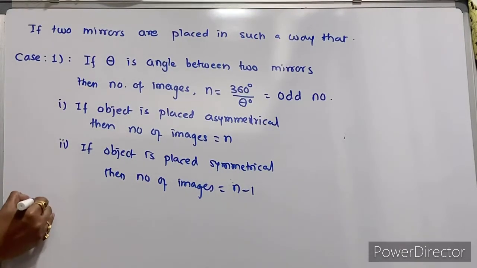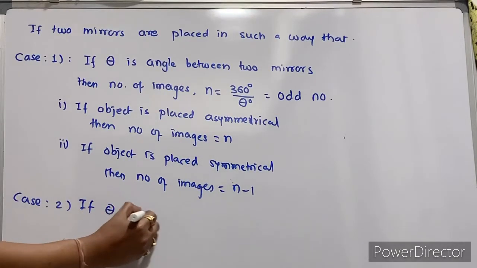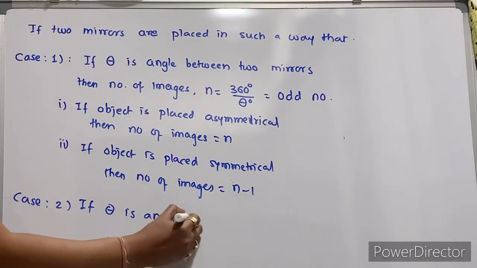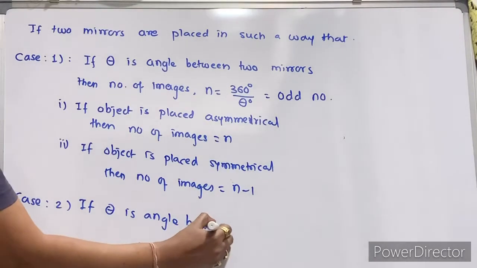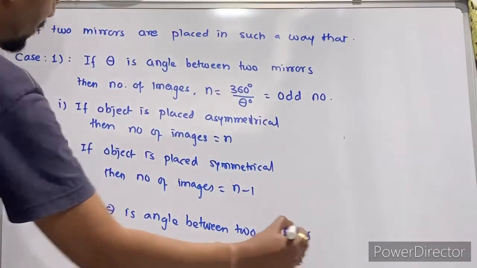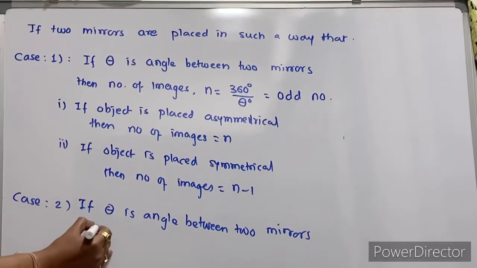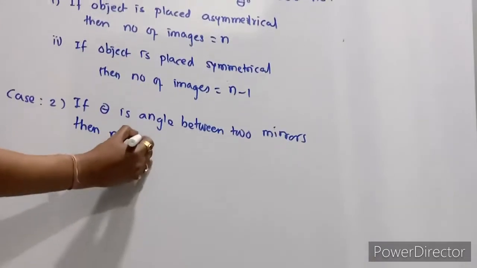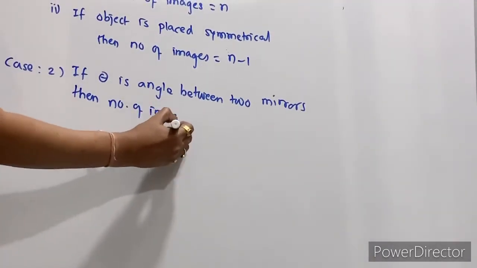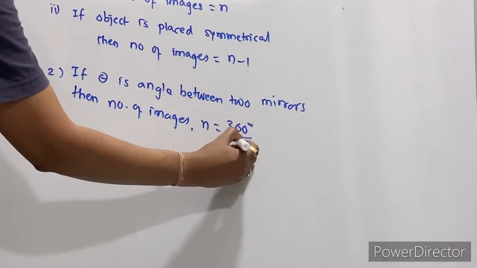In case 2, if theta is the angle between two mirrors, then the number of images is n equal to 360 degrees upon theta.